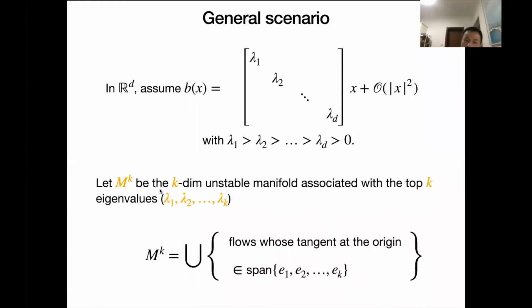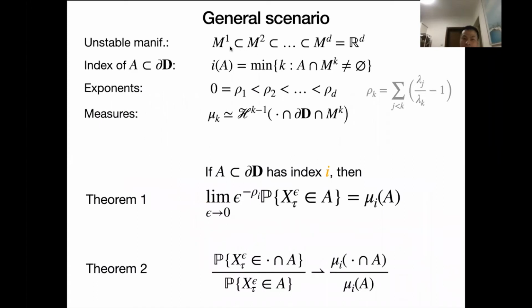So M_k is going to be the k-dimensional unstable manifold associated with the top k eigenvalues. You can view M_k as the union of all flows passing through the origin whose tangent at the origin belongs to the span of the first k eigenvectors. So now we have a sequence of unstable manifolds, and they are included in each other.